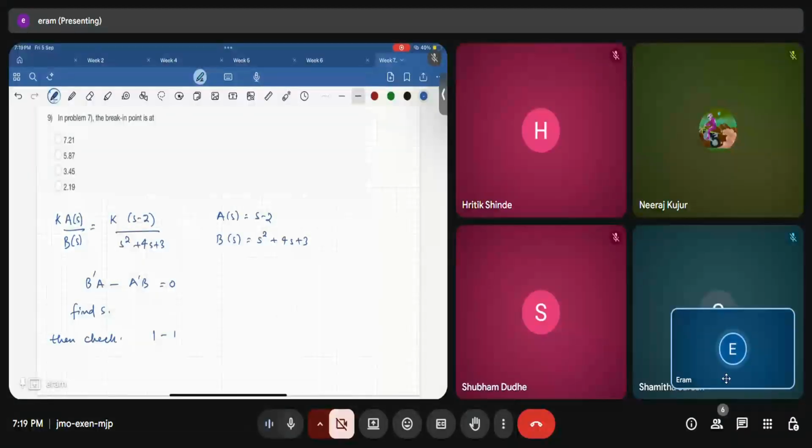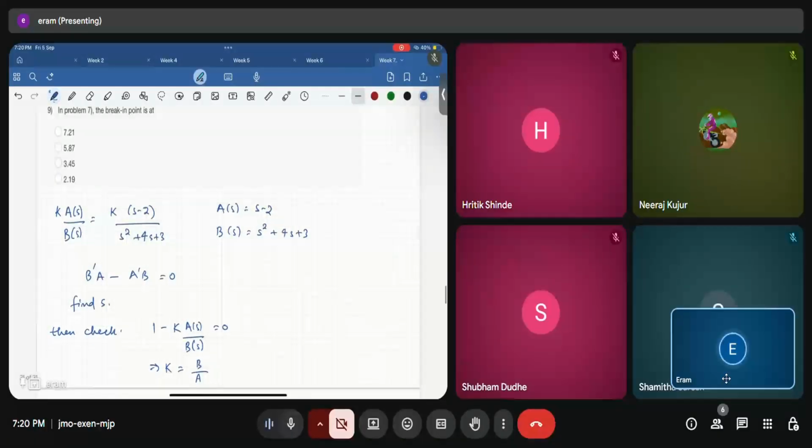It will be 1 minus k a by b because we are having positive feedback. Okay, the characteristic equation will be this. So k will be nothing but b by a. Okay, and for this calculated s, k should be positive. So first find out s.